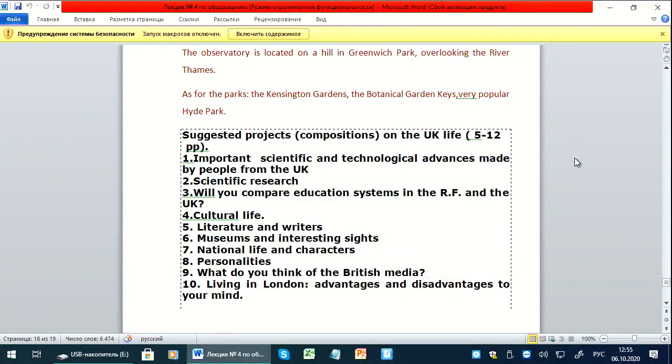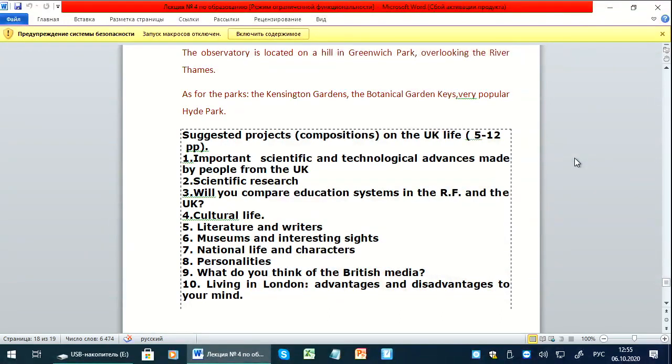And imagine that you'll go to London and stay in London for some time. So the title of the future project will be something like this: Living in London, Advantages and Disadvantages to your mind.